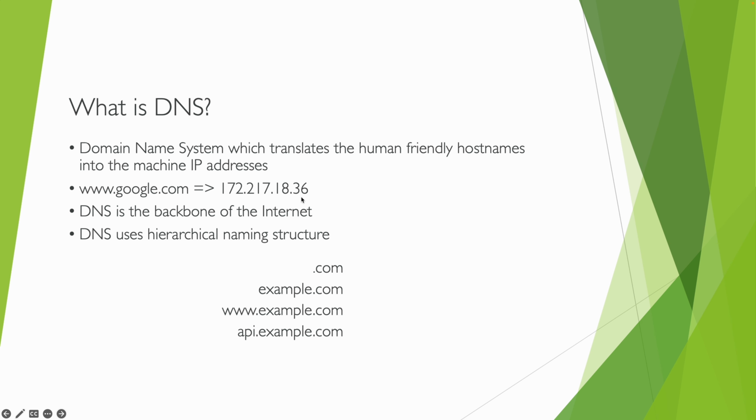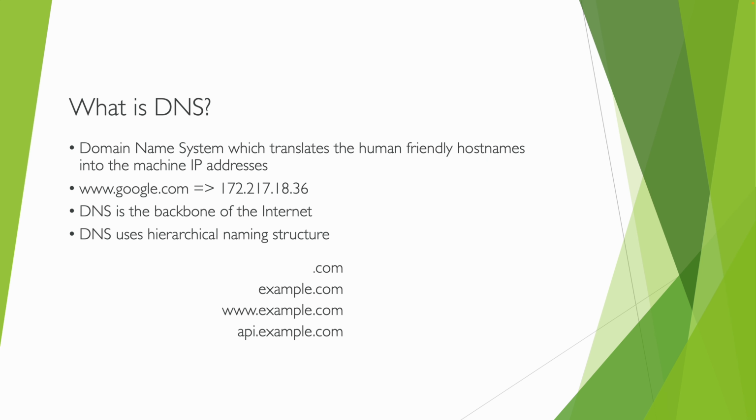So it will be redirected to that particular server. We all know that every web application running on the internet is hosted somewhere, on some server, and each of those servers has an IP address. If you want to connect to that application, we need to connect to that IP address.